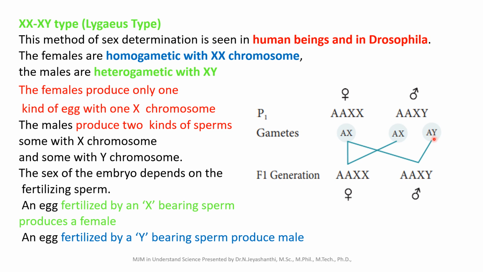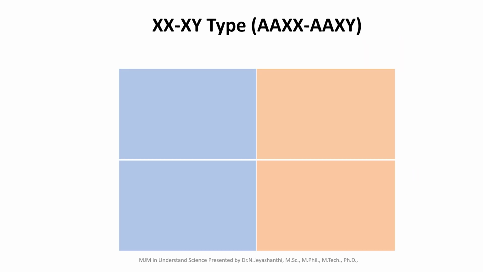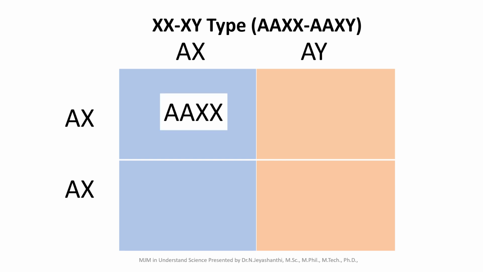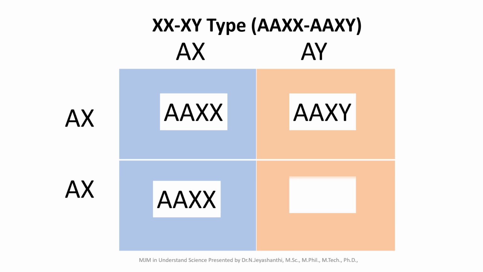If AY fertilizes the egg, we get male. XX-XY type of sex determination. In this, the female produces two gametes, AX and AX. The male produces two types of gametes, AX and AY. If these eggs and sperms are fused, we get female, female, male and male.